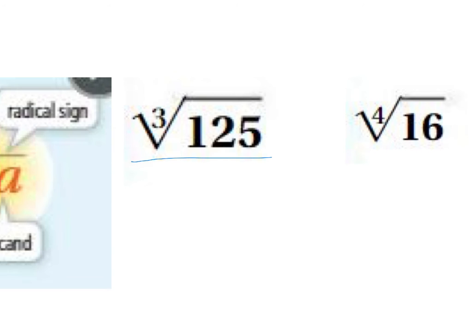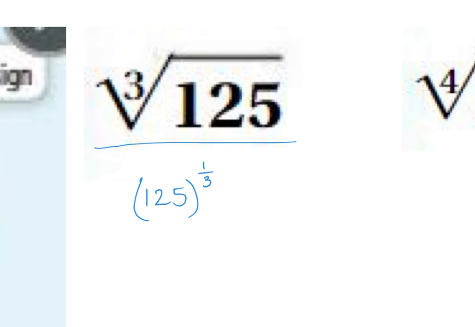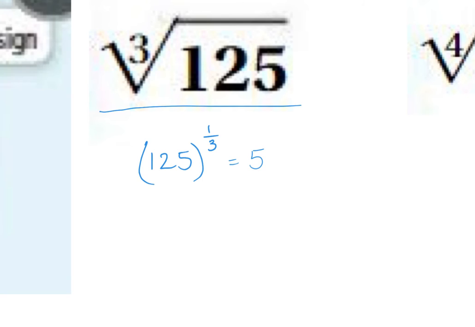In other words, we're taking 125 and we're raising it to the 1 over the index, which is 3. We're raising it to the 1/3. And what do we get when we do that? Anderson? Excellent. The answer would be 5, because 5 times 5 is 25. You multiply that by 5 and you get 125.